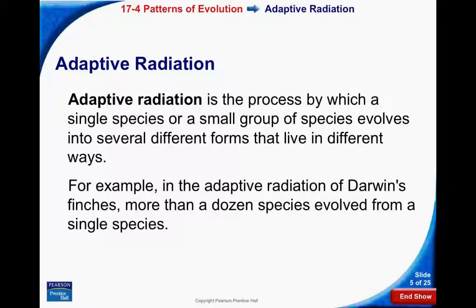Some turn out to have advantages in certain environments, and others have advantages in other environments. We saw this with Darwin's finches, where it was really the same kind of bird, but the proto-ancestor appears to have radiated into all these newer, better adapted forms.